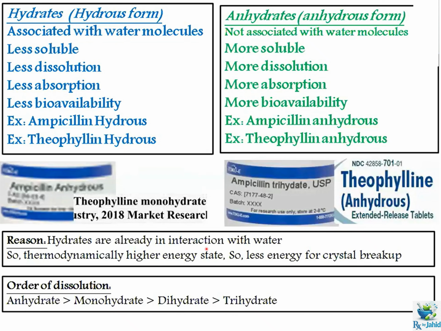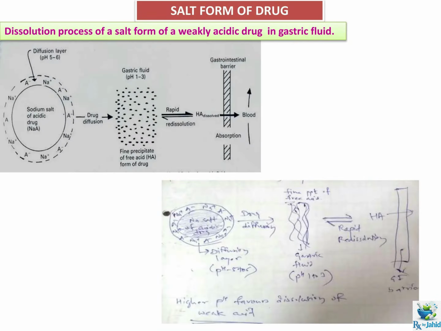Hydrates are already in interaction with water, as we have already discussed. They already have water, so they are thermodynamically in a higher state. Higher state means less energy for crystal breakup. So we have already understood what the order of dissolution would be. Anhydrate would have the highest dissolution, monohydrate would have the next highest dissolution, and trihydrate will have the lowest dissolution, because these already have water content in the structure.